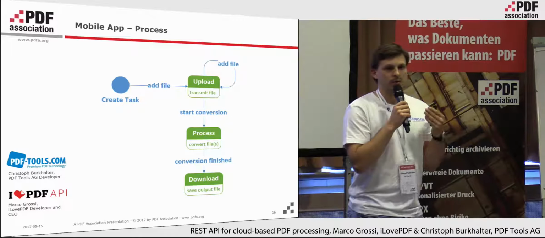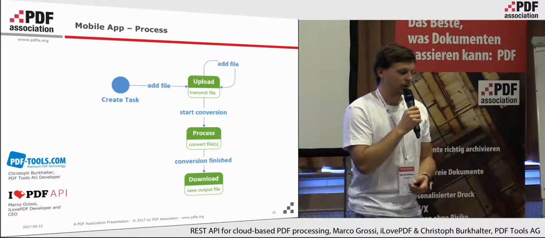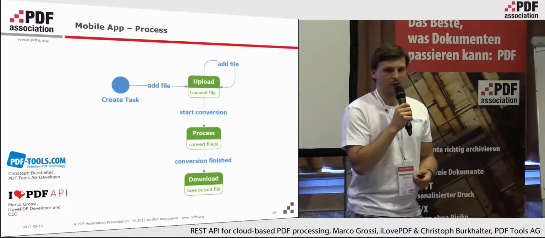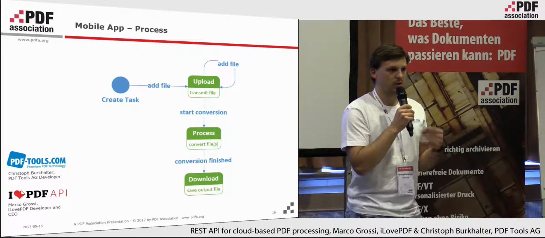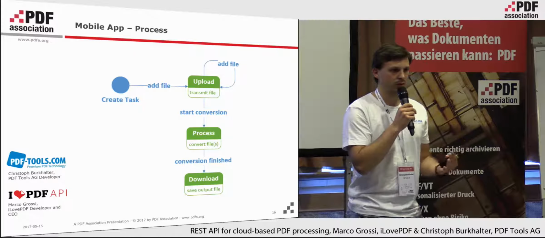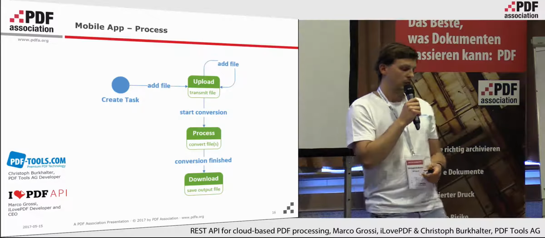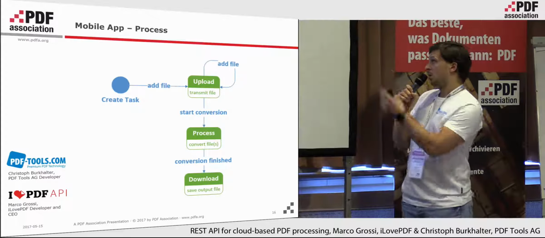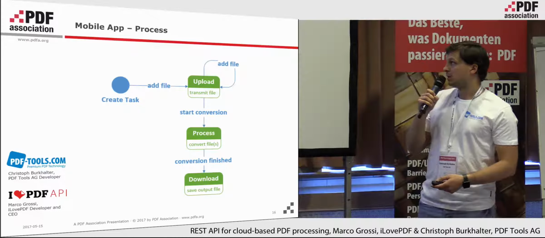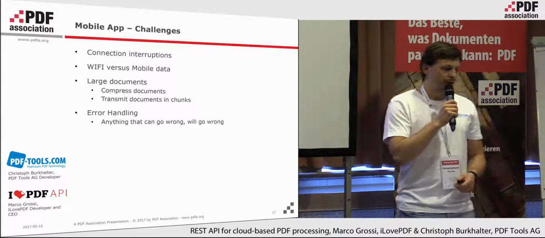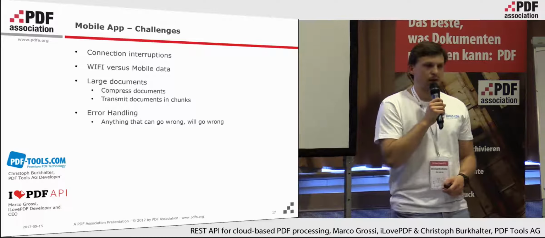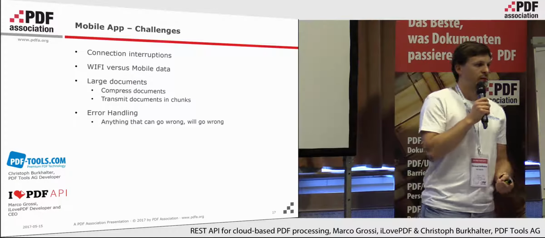So you need to offer the user a simple way to recover. Mostly you just retry and the user doesn't know that a problem occurred. So you need to have many failover points. You can improve this also by compressing documents before you resend them.